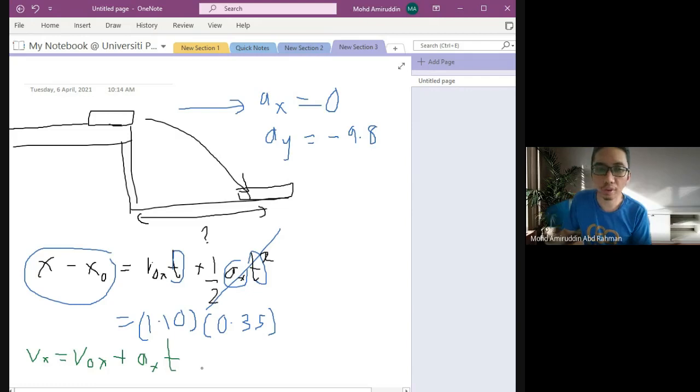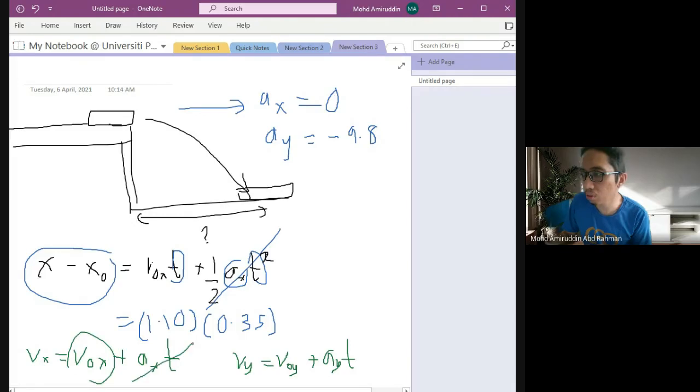Alright, so this is what you have for x, and similarly for y, Vy equals V naught y plus Ay t. So you already have all of this information, right? You have this value, but this will be 0, and then this is 0, and then you have this value.